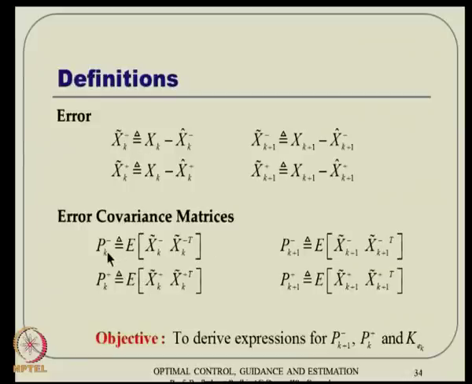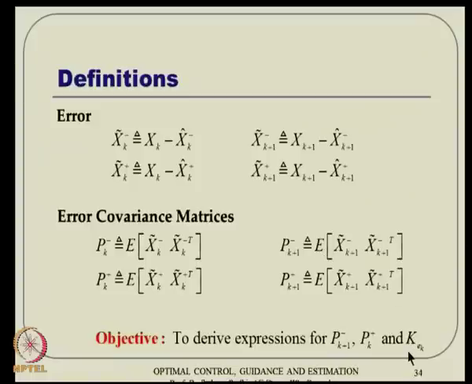If I start with this quantity, then the error covariance matrix Pk minus turns out to be the expected value of x k tilde minus times the same quantity transpose. Similarly, Pk plus is this quantity times the same quantity transpose, which is what is written here. Similarly, things are here. Do not get confused too much with the math, it is all about good bookkeeping.